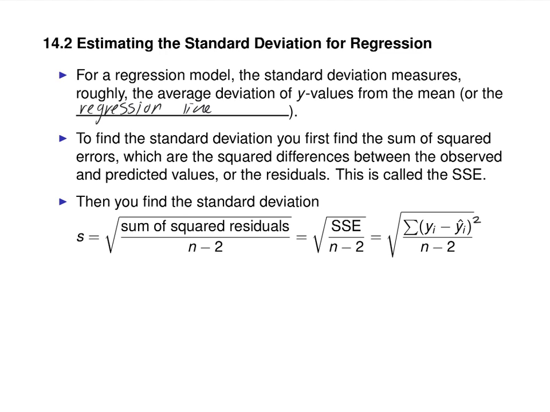Okay, good. So what you do is you find the residuals, which means you take every single y point minus the y hat point, square it, add them up, divide by n minus 2, take the square root. This is often going to be given to you. You're not going to have to find this yourself because it's too tedious. Okay, I'll just tell you that this is the standard deviation, but that's where the formula comes from, okay? It tells you how spread around the line data points are.